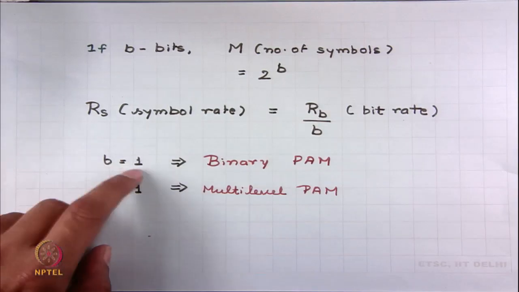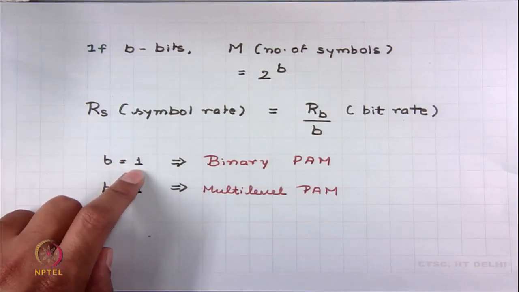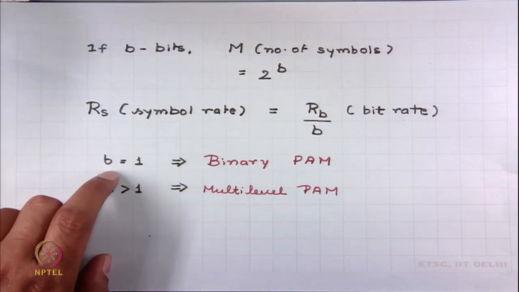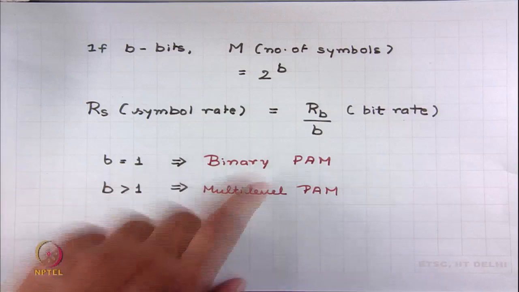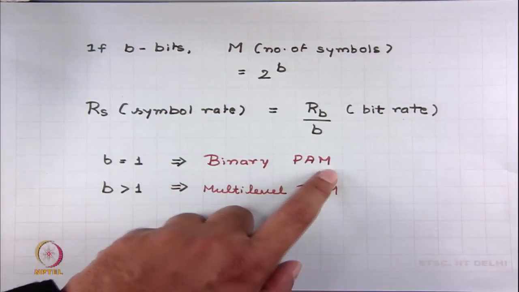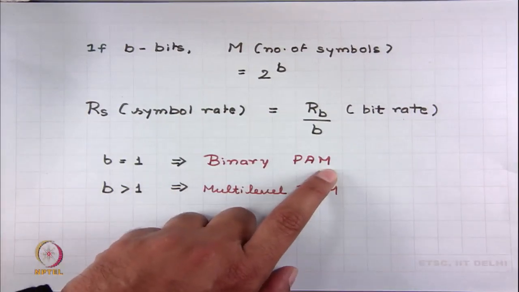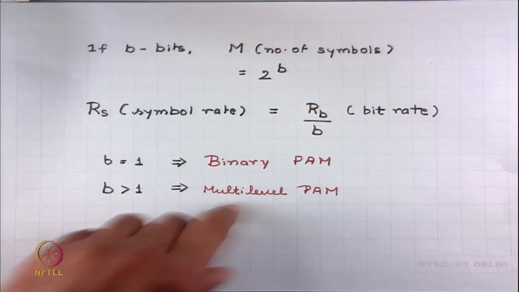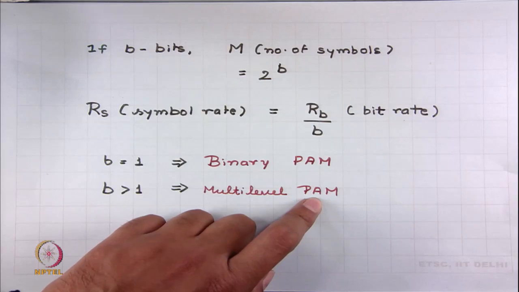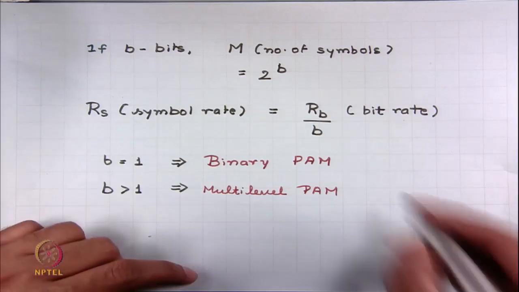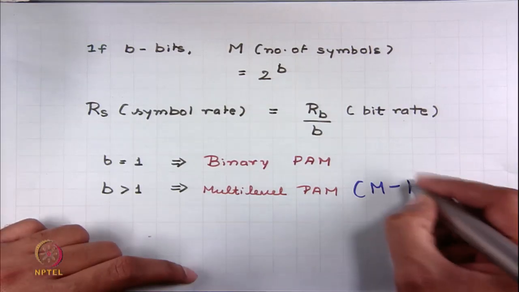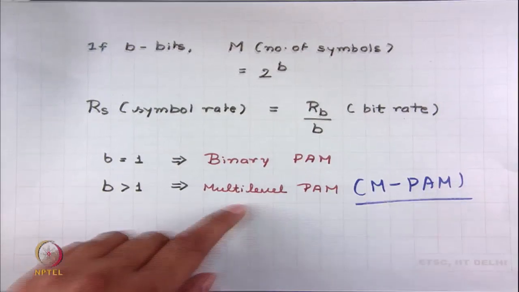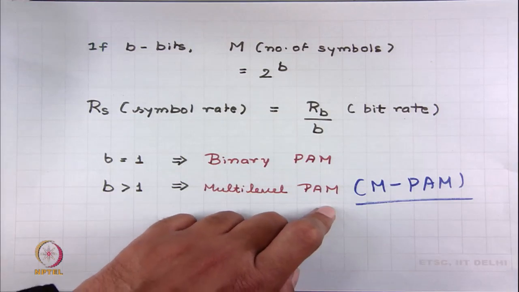If B is 1, that means for each binary bit I will be generating a symbol. Then we are in the regime of binary pulse amplitude modulation. If B is greater than 1, then I am talking about multi-level pulse amplitude modulation, or in short we can say MPAM. Okay. M stands for multi-level pulse amplitude modulation.